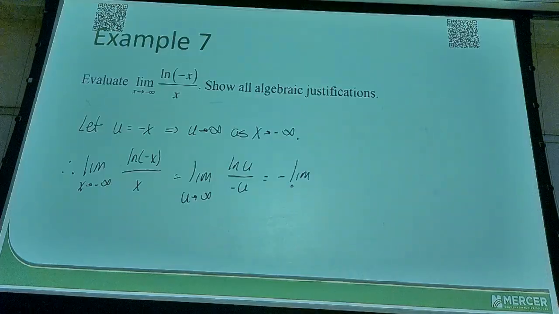It's not x. This is the one I'm looking at. Log u over u. And then whatever that limit happens to be, we're going to multiply by minus 1. Well, think of it.